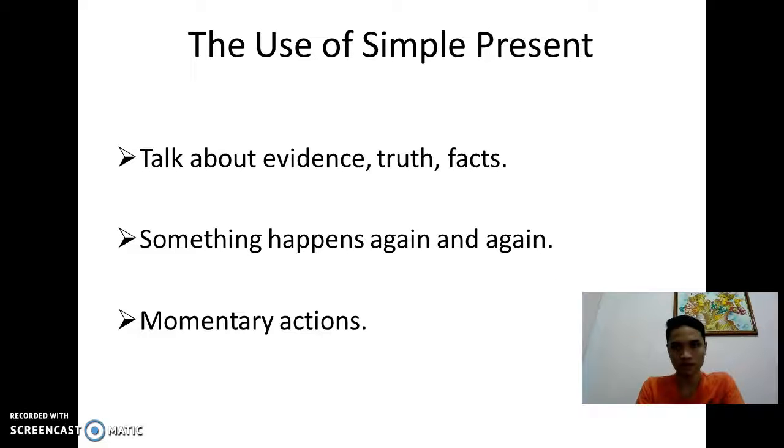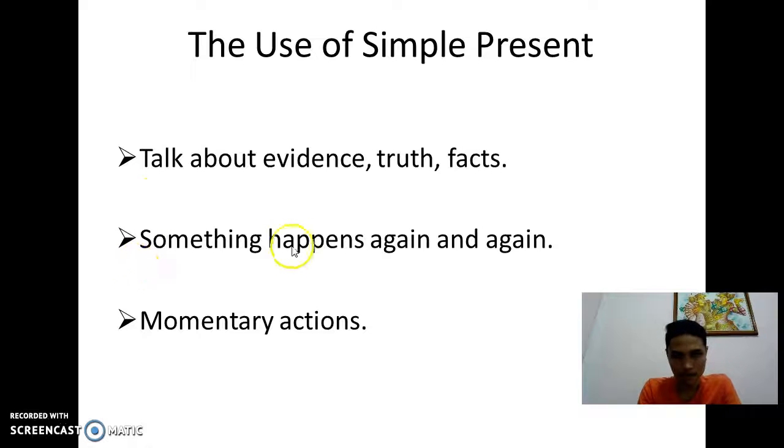And this is the use of simple present. So simple present has some uses, like talking about evidence, truth and facts. It's like a teacher teaches the students. Of course, the teacher has a duty, which is teaching the students.